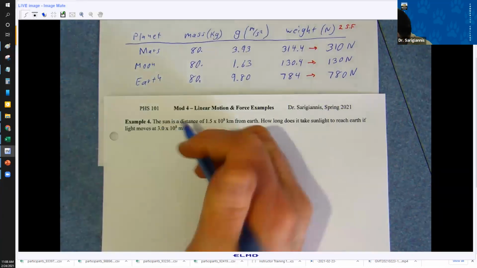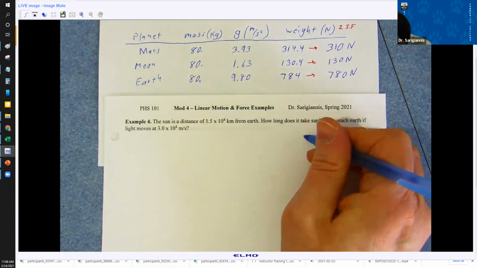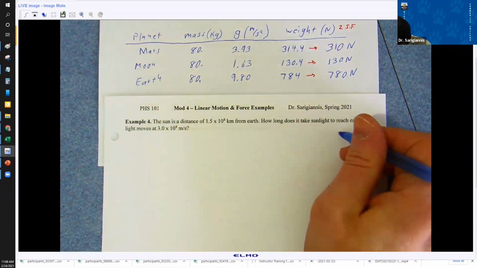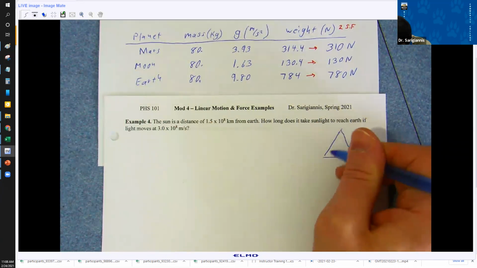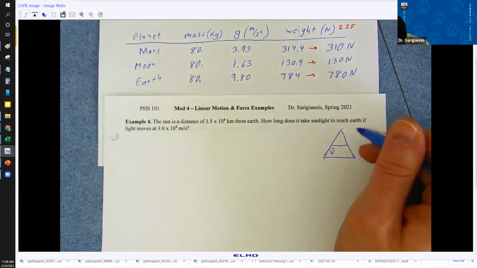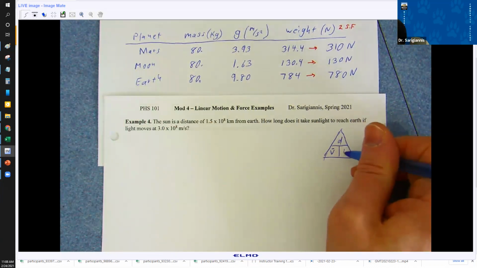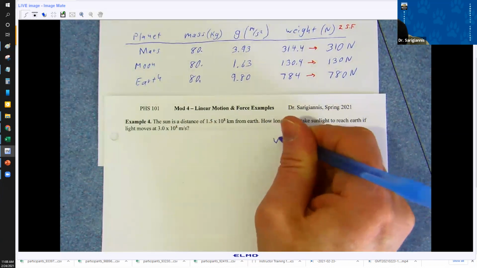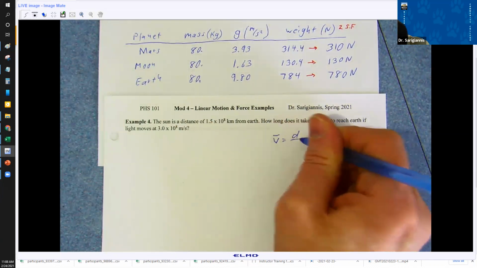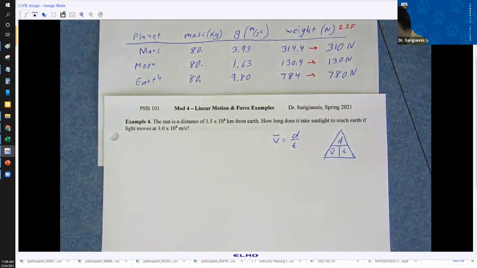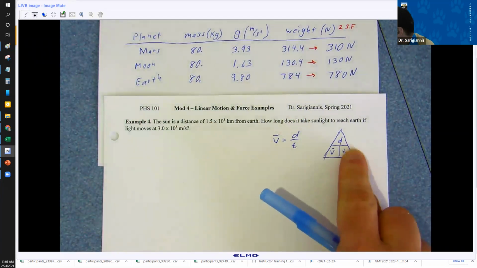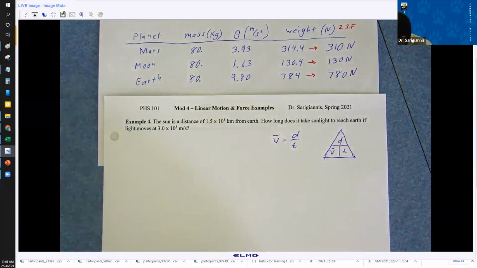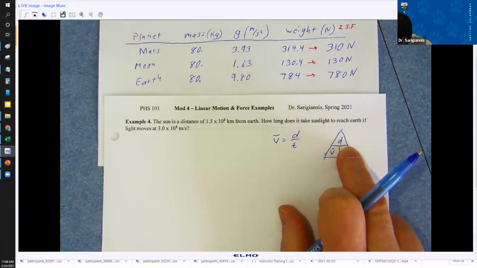Let me write down what's given first, and let's look at our equation too. Remember, we have the average speed is distance over time, right? So we want to find time.